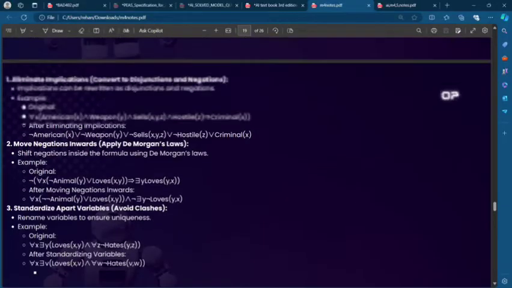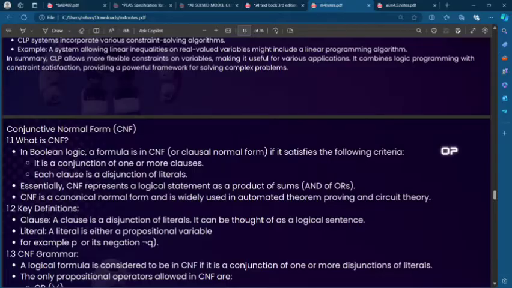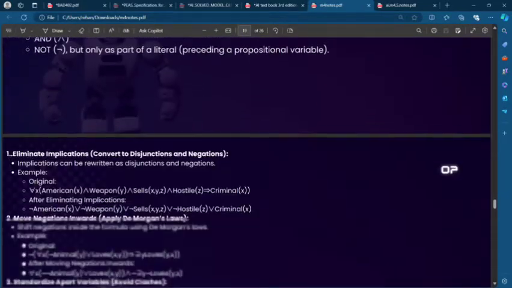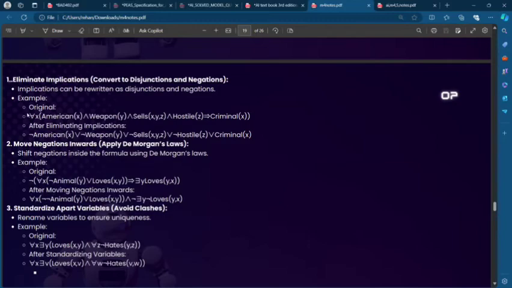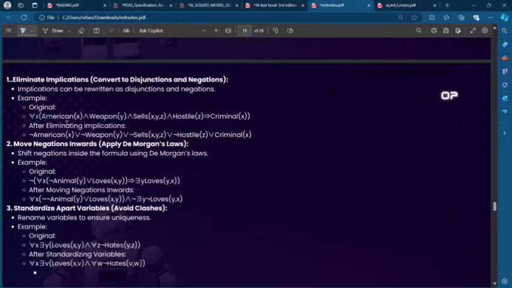Yeah, this part. So first you have to talk about this conjunctive normal form. You will be converting the given sentence, see, originally it's this. Let me highlight it properly. Originally it's this, but it will become this. You can see that, right?